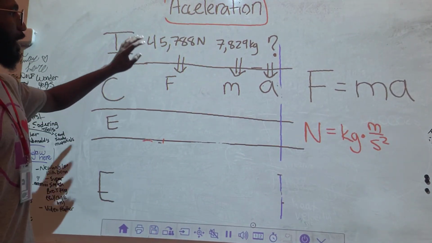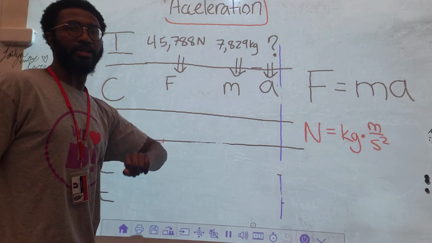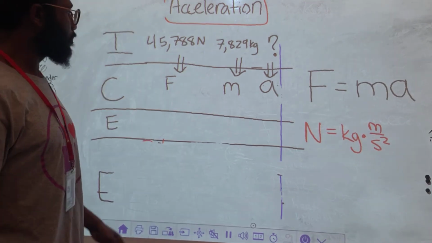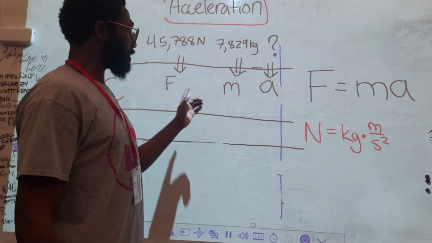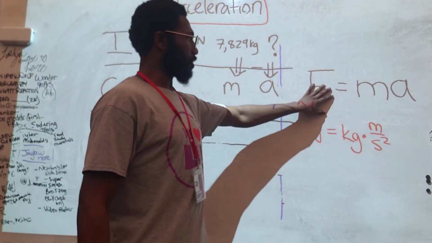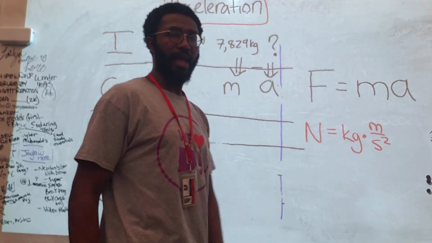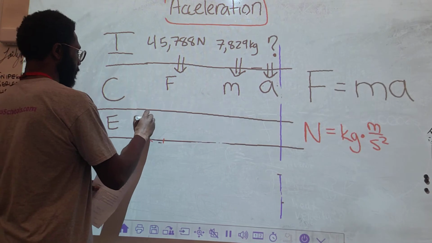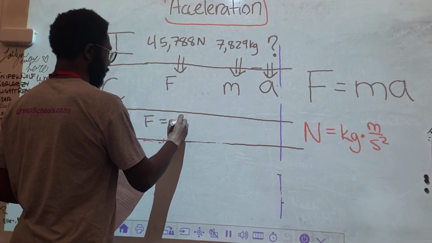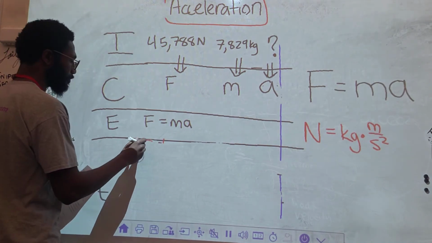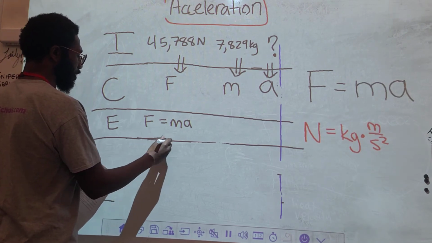Okay, so now we've got F, m, and a as our symbols, our variables. So we're gonna look for an equation that has F, m, and a. This equation over here has F, m, and a, so we are good to go. So I'm just gonna write the equation down here so we know that's the one we're using. And now we're gonna go ahead and just plug in our variables.